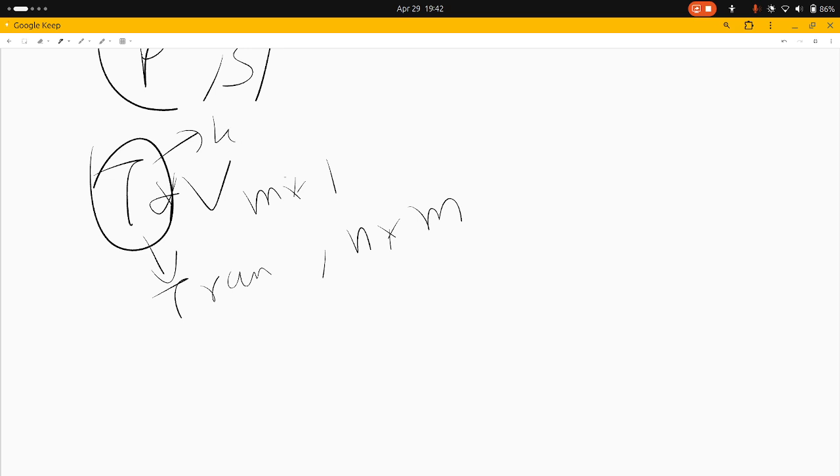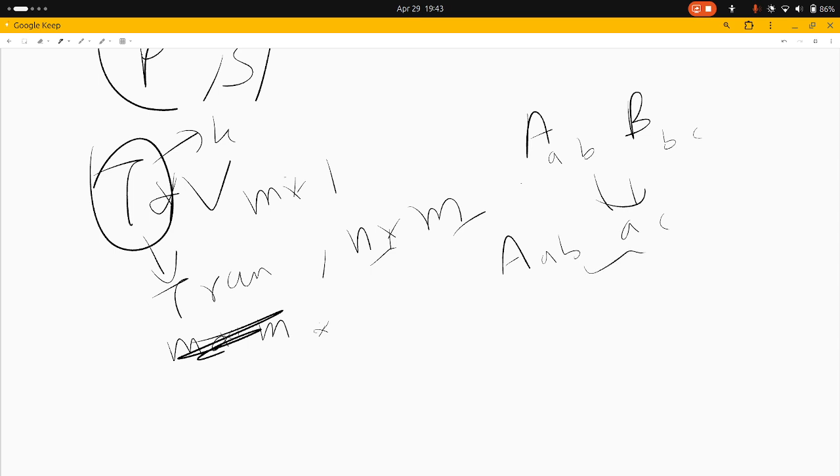So it would be better to assume that n equals m, because in matrix multiplication of a by b with b by c we get a by c, so the b and a dimensions should be the same. That's why I'm assuming that n and m should be the same.